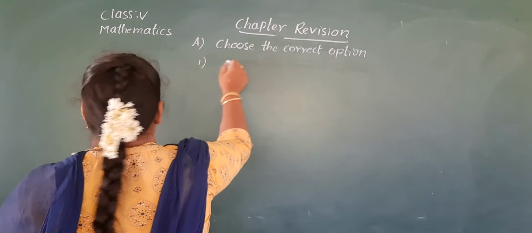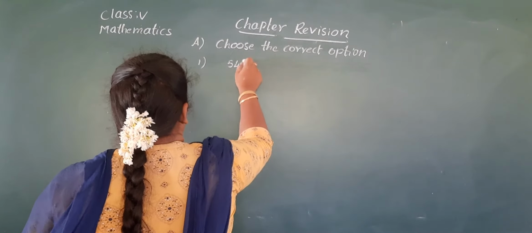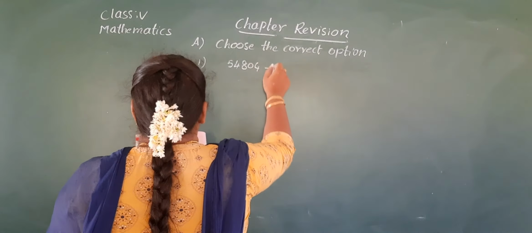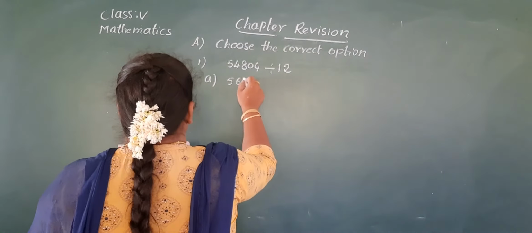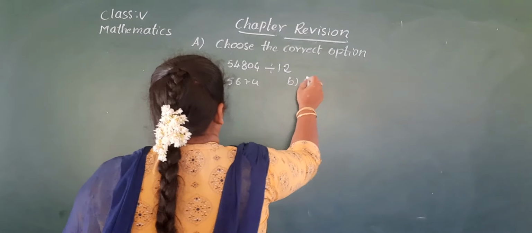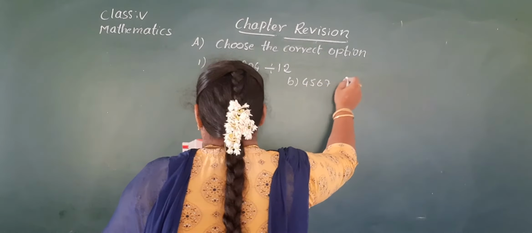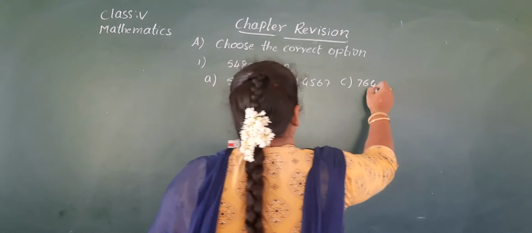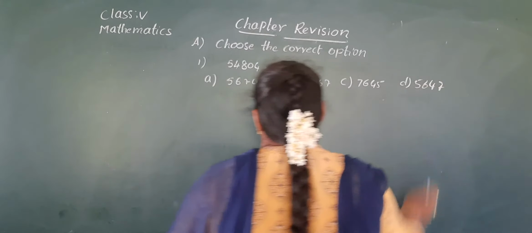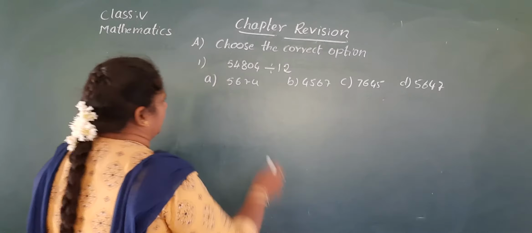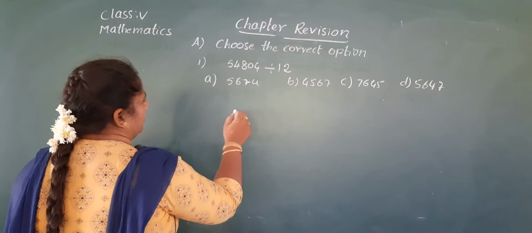First one, 54,804 is divided by 12. They have given options. Now we do this division, and then we choose the correct option.